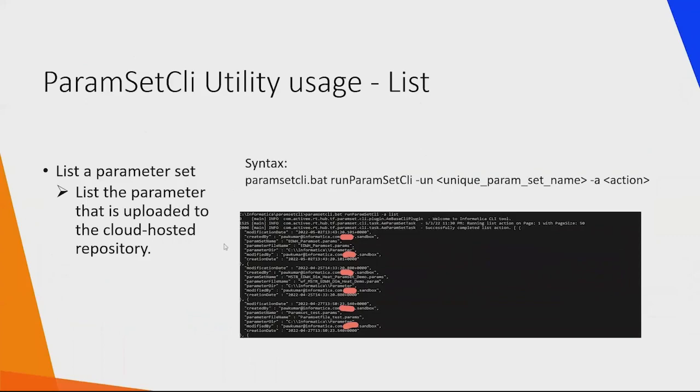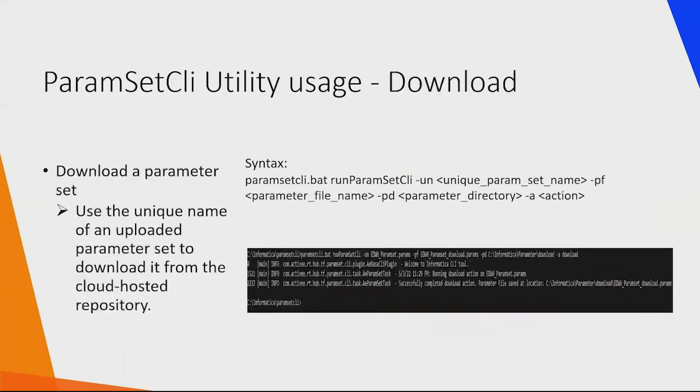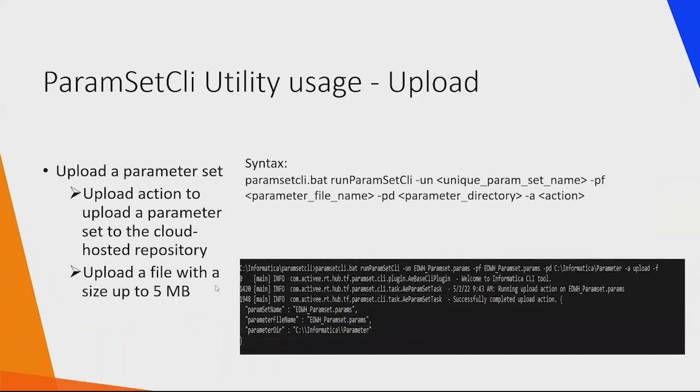So when you upload that for the first time, and let's say some changes have to be made, there are two ways. Either you delete that parameter set file and re-upload the new one, or we have an option to overwrite the existing one in the cloud hosted repository directly, using -f at the end as an option in the script.